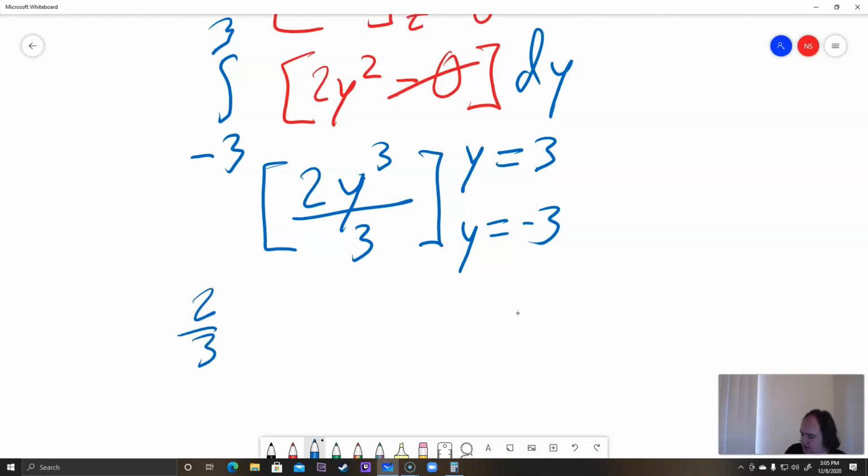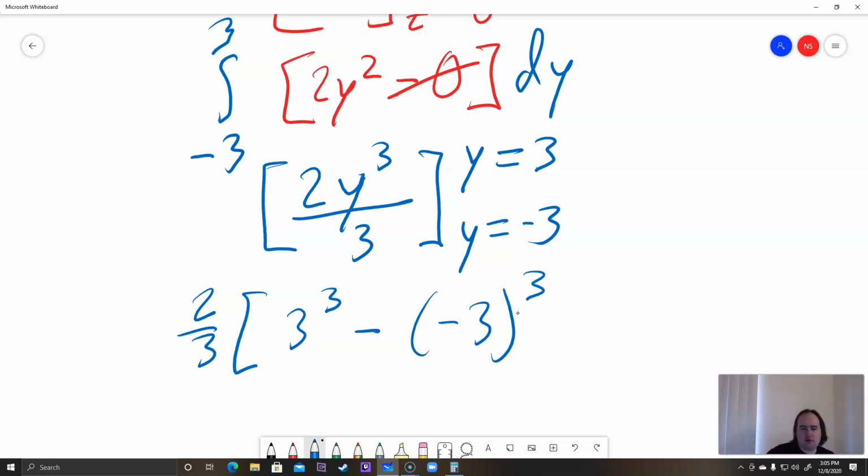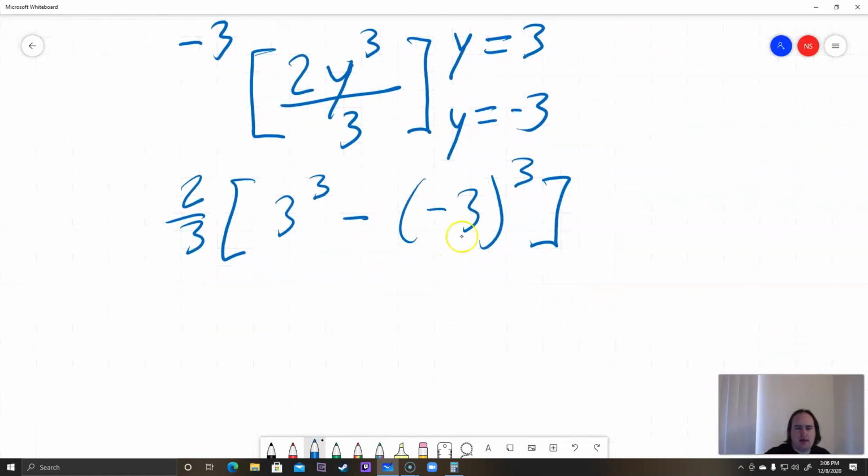So we'll factor out the 2/3, and then plugging in the top number first, we're going to have 3 cubed minus negative 3 cubed. Okay, 3 cubed minus negative 3 cubed. And then here, 3 cubed is going to be 27. And negative 3 cubed is going to be negative 27. But there's a minus out front, so those minuses cancel out.